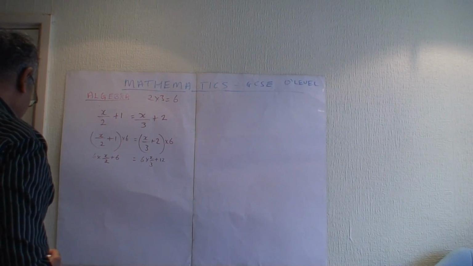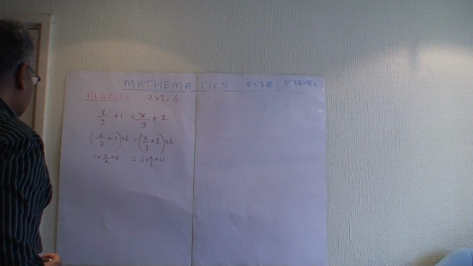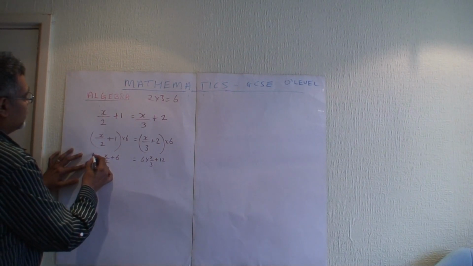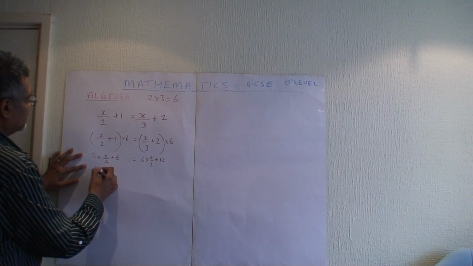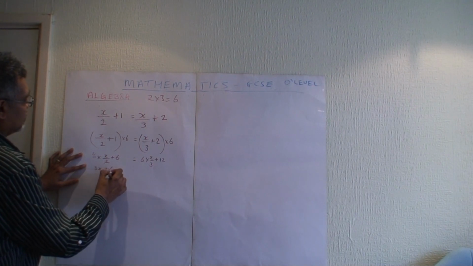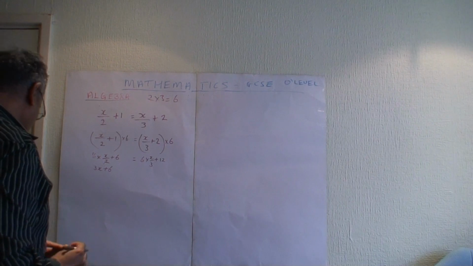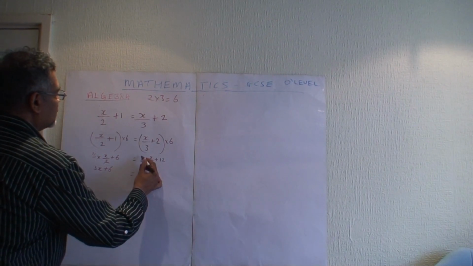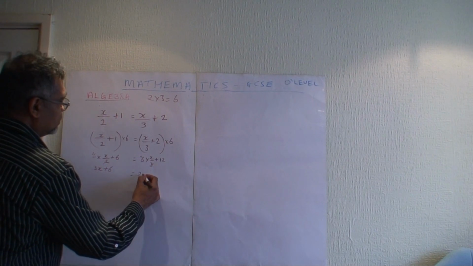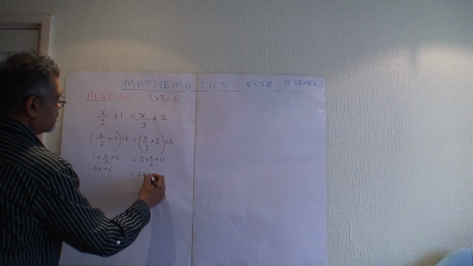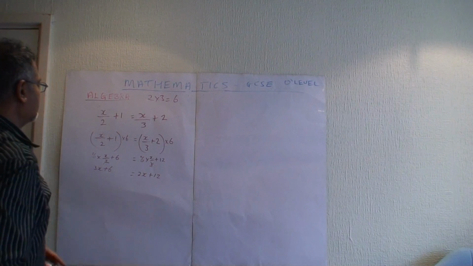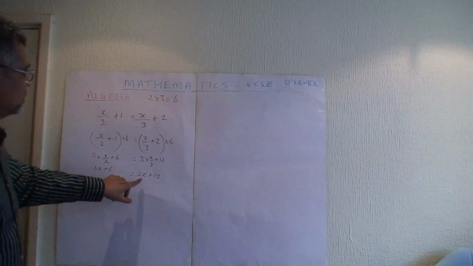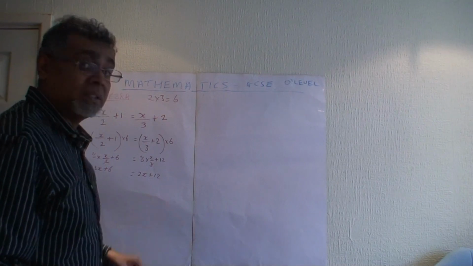So 2 goes into 6 3 times, so that's 3x plus 6. 2 into 6 is 2, that's 2x plus 12.